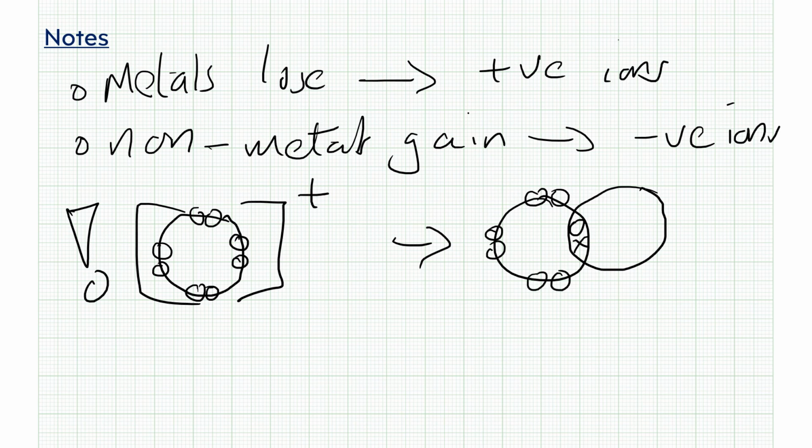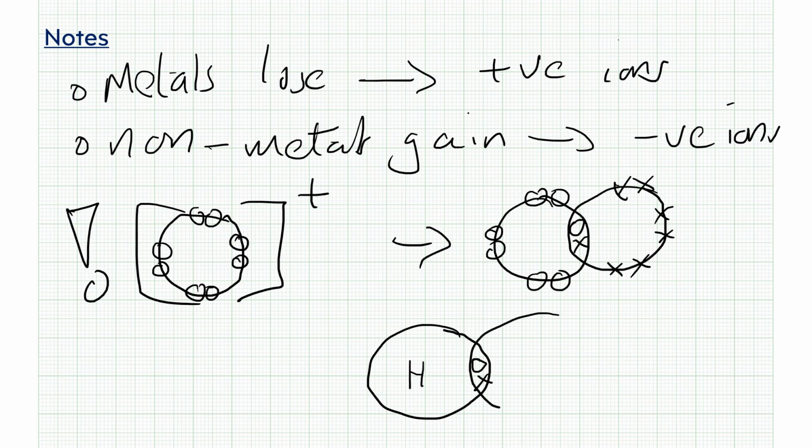If it's in period 2, 3, 4, whatever, it's going to have 8 in its outer shell. The only one that you need to watch out for is hydrogen, and they use hydrogen a lot. Because it's in period 1, it only needs one dot and cross to complete its outer shell.